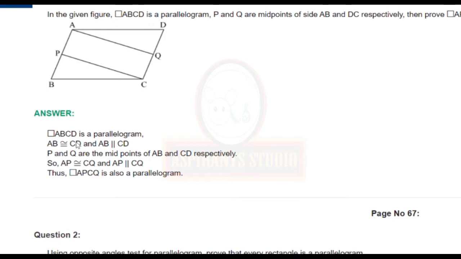Then you can write now P and Q are midpoints of AB and CD respectively. Within brackets given. Therefore, segment AP is congruent to segment CQ and AP is parallel to CQ.